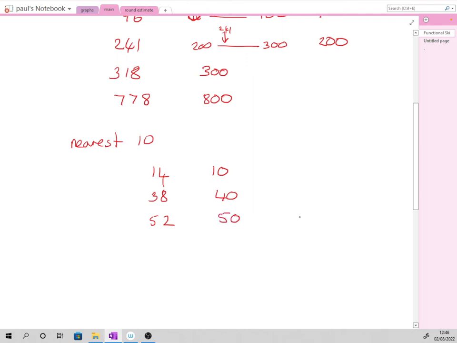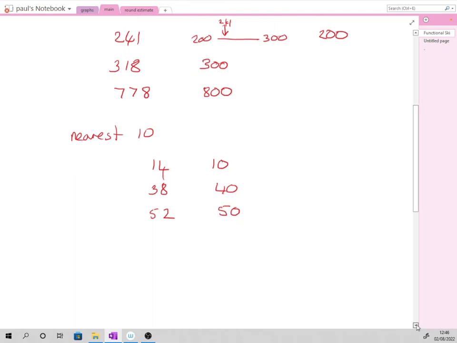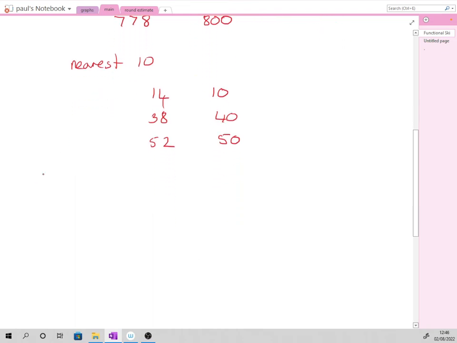Yeah? Now, what happens? There's a rule to remember. What happens when it's in the middle? Say if I take the number 55, and there was 50, there was 60, and the number 55 is right in the middle. So it's not nearer to 60 and it's not nearer to 50.